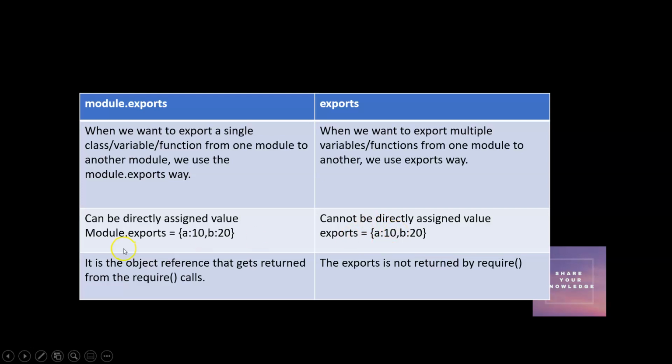What gets required in the other module is always module.exports, not exports. So you should be very careful. Always add to exports with a property, and if you are mixing both exports and module.exports, be careful that you are not replacing the module.exports value. Hope this is clear. Thank you.